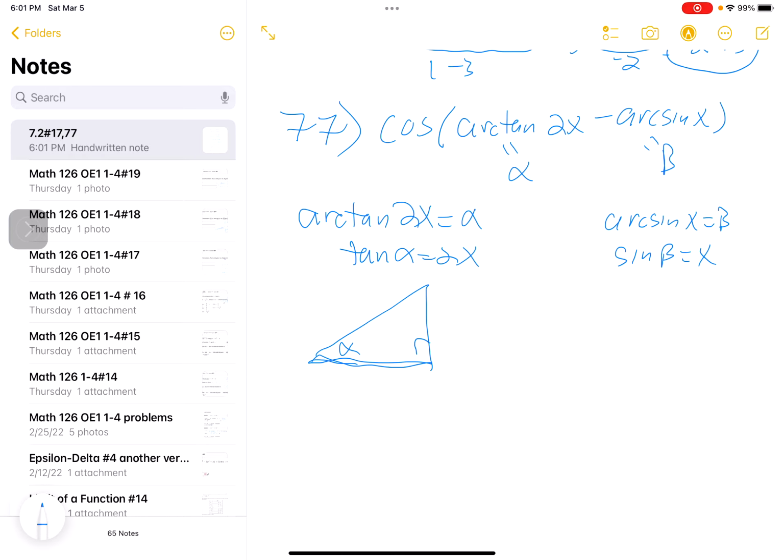If this is my alpha angle, tangent is opposite over adjacent, so 2x is the opposite, 1 is the adjacent. My hypotenuse, I'll call c. C squared equals 1 squared plus 2x squared, so c equals the square root of 1 plus 4x squared.